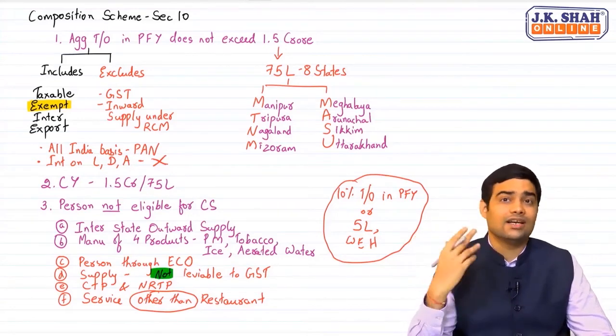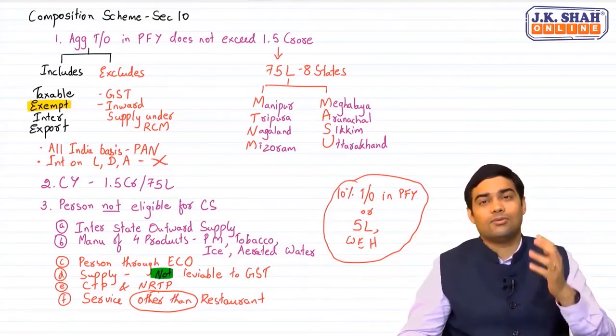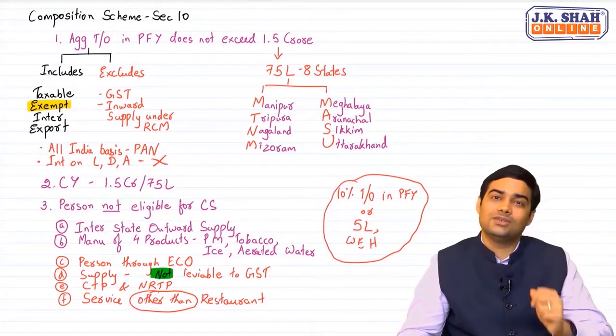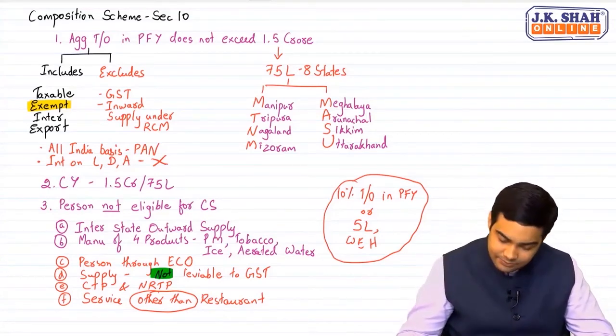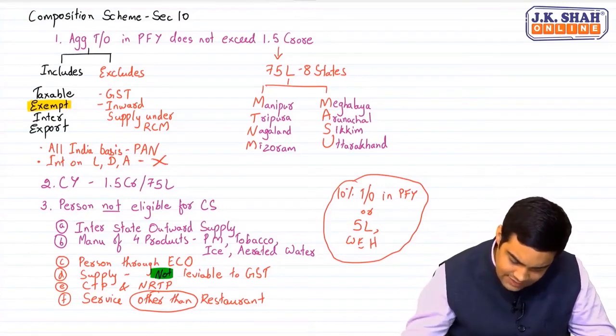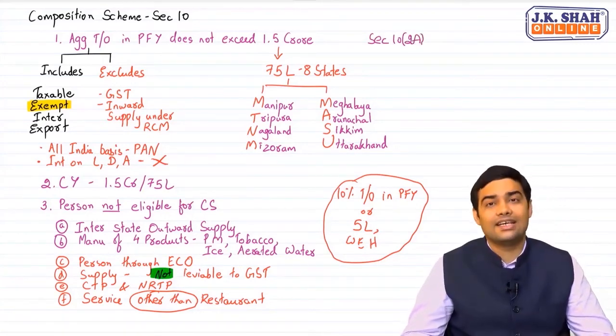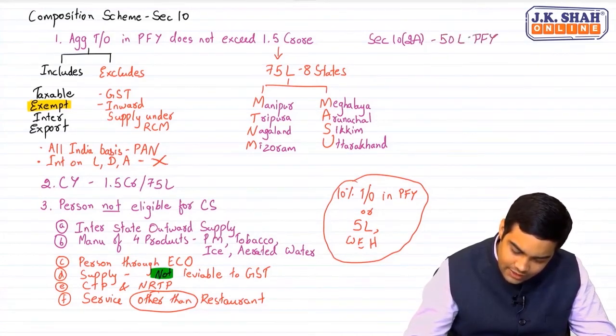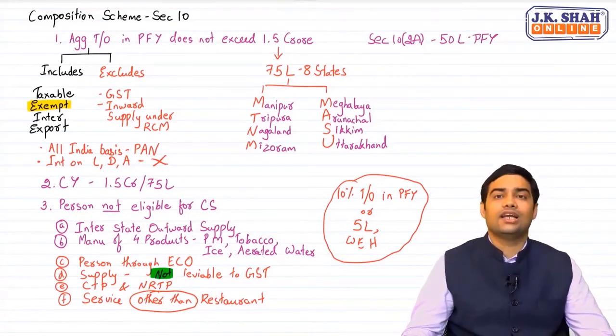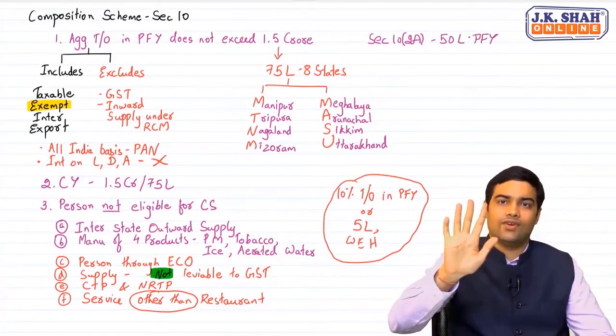Now, service providers were worried. What about them? What about service providers? They were not getting any scheme. In such cases, for a service, government came up with section 10(2)(a). So a person who is providing services can claim a scheme up to 50 lakh turnover in current financial year if his preceding financial year turnover does not exceed 50 lakh.